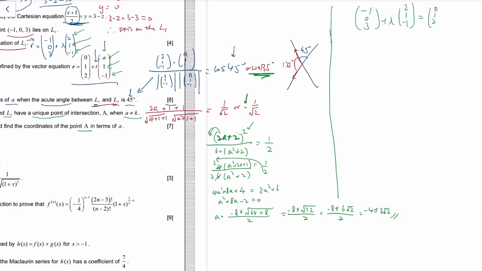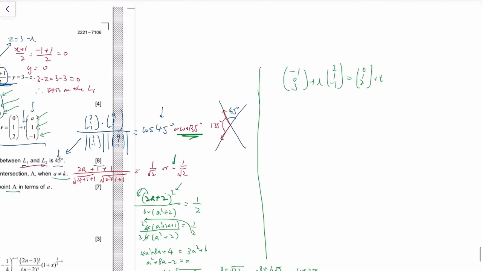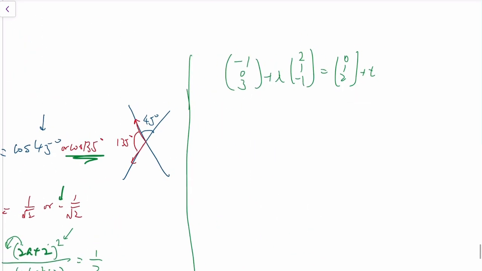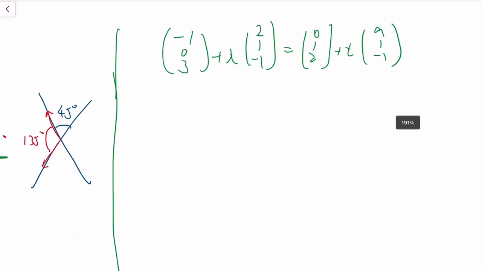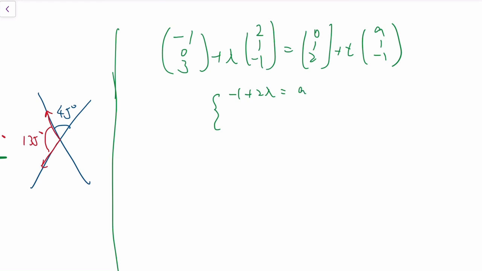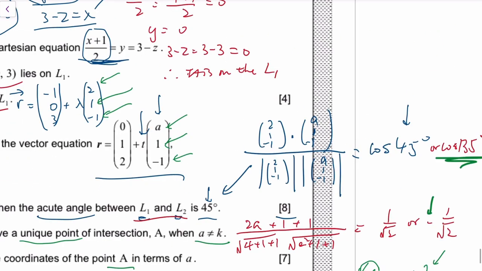So we equate them to solve for the intersection, t, a, 1, minus 1. We do the normal thing for solving the intersection of a line. It's just we have an extra unknown, which is A. So I guess the intersection would be in terms of A. We have no choice, right? Yeah, in terms of A.